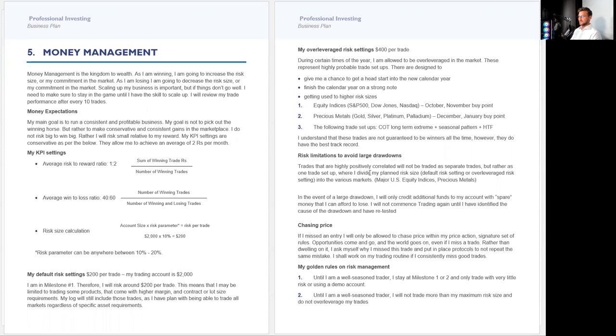In that case, you want to divide your desired risk size into those assets, into those markets. So for example, if you're trading equity indices, S&P 500, Dow Jones, and Nasdaq, 3 of them, if you have the perfect picture, if you have the perfect fundamental and higher time frame alignment, then you can trade one risk size each, consistently.